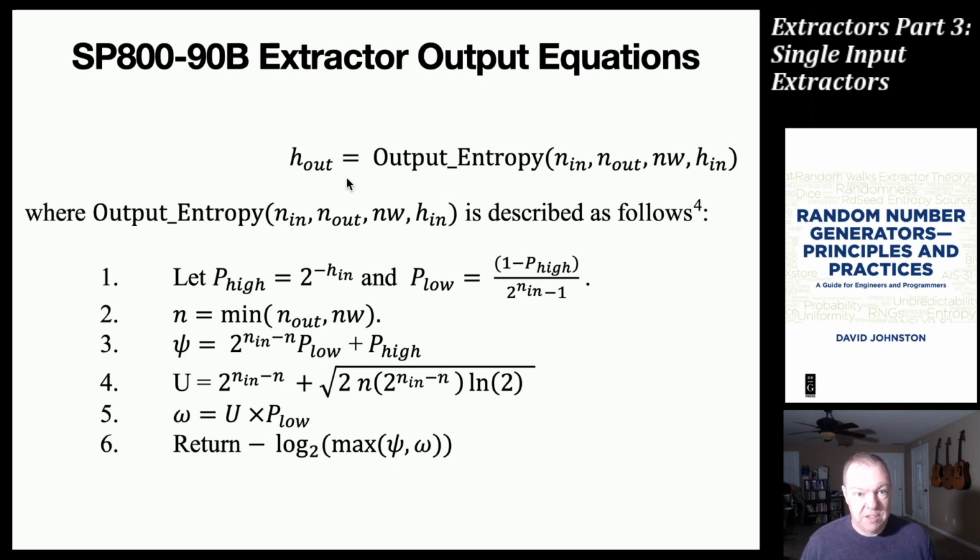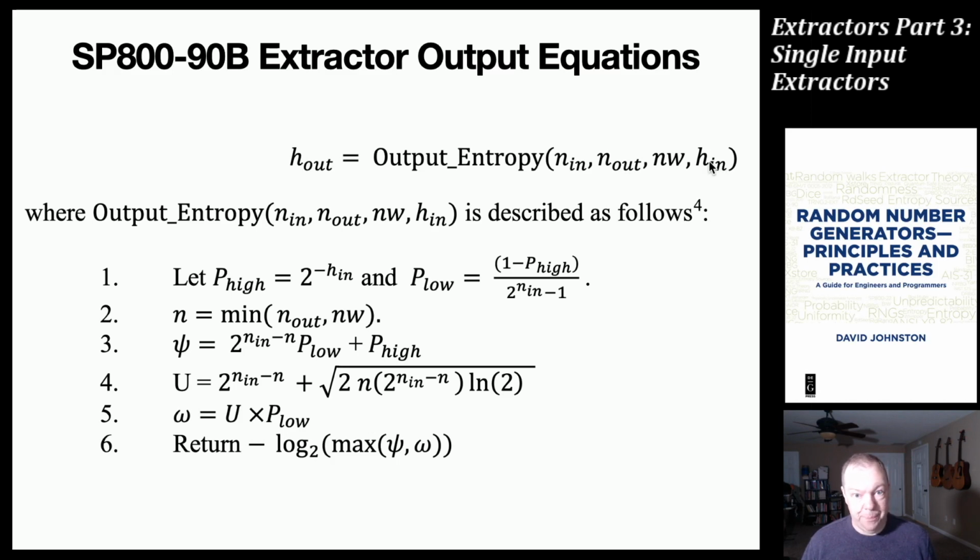Well, SP 800-90B gives us some equations to determine how much entropy we get out. So it says the entropy out, H out, is equal to this function output entropy, and is a function of the number of bits of data in, the number of bits of data out, the internal width of the cryptographic function we're using, and the entropy in.